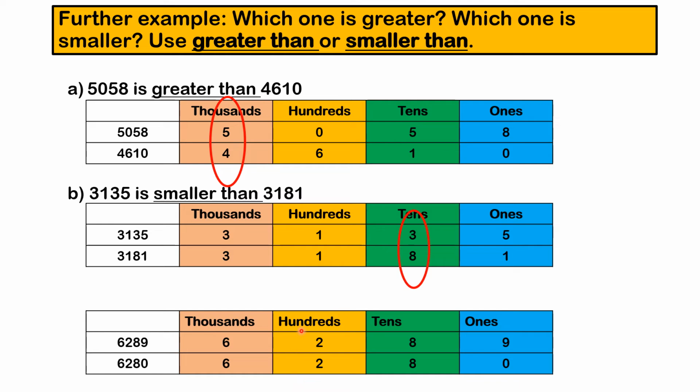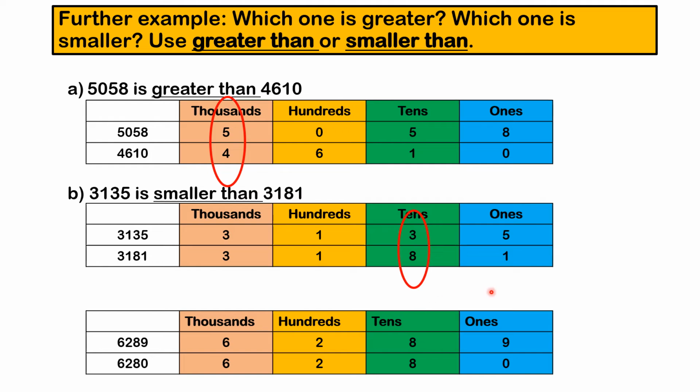Here we also have the same hundreds, where both numbers have 200s. Since it's the same, we can move to tens. Again, we have the same tens for both numbers.